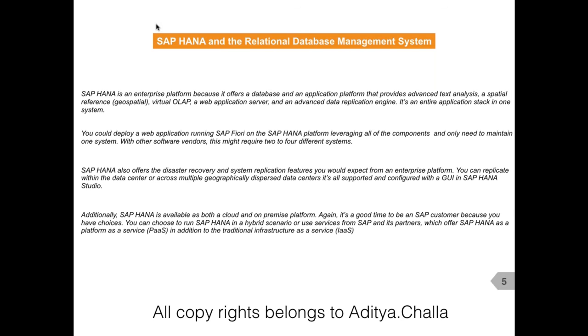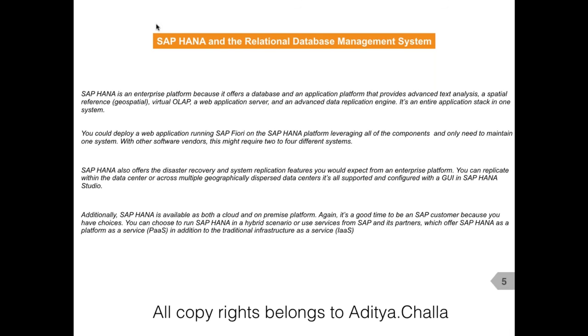Additionally, SAP HANA is available as both a cloud and on-premises platform. Yesterday we discussed this, somebody asked me this question: whether we are going to use cloud or on-premises, it is a combination. So SAP HANA is available as both cloud and on-premises edition. Most customers have a choice whether to work with the on-premises edition or the cloud edition.